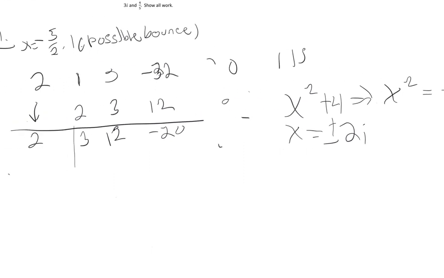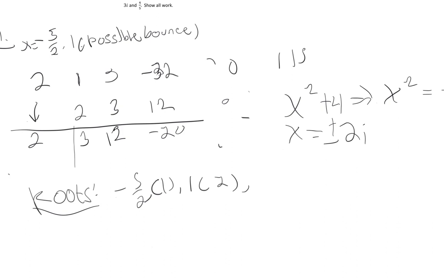Okay, great. So the roots. We knew that negative 5/2 was a root from the graph. 1 with multiplicity 1. 1 with multiplicity 2.